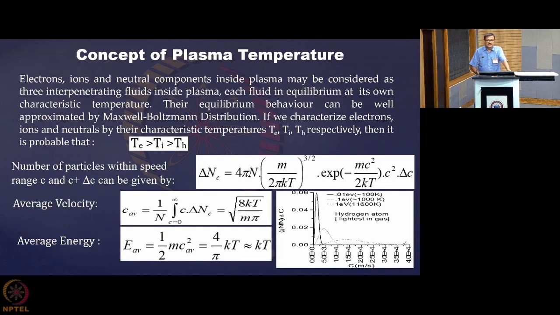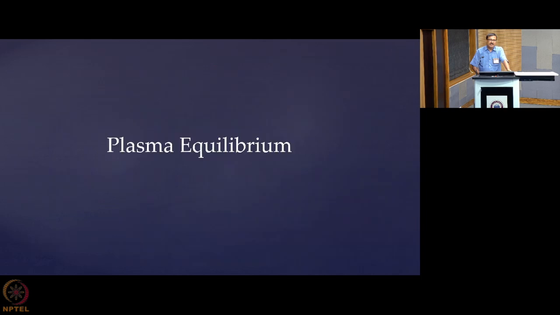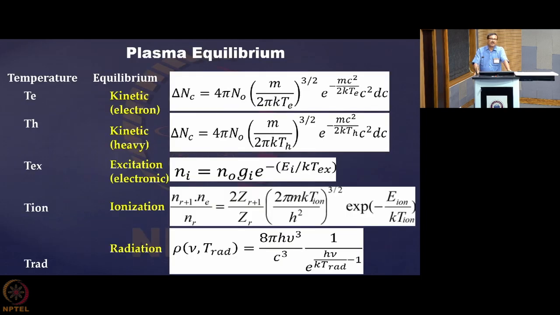Then we told how the plasma temperature relates to the energy. Then we came to plasma equilibrium. In the next class we'll start with plasma equilibrium in a bit more elaborate manner, and then we'll go for plasma collision kinetics.